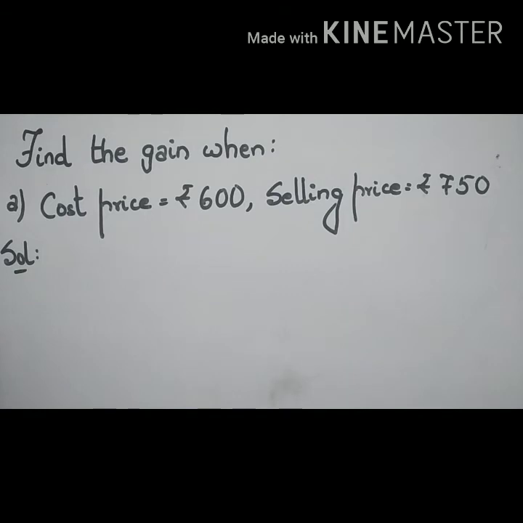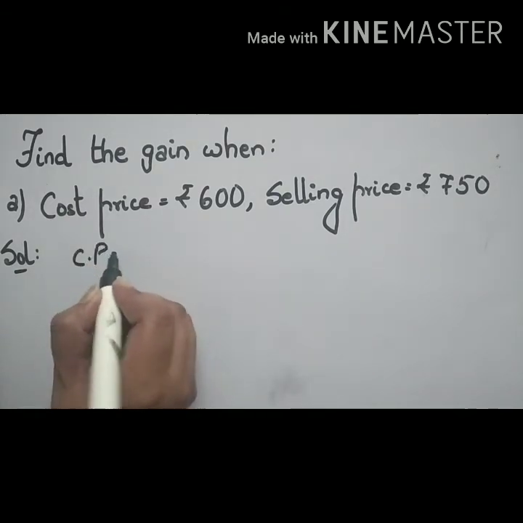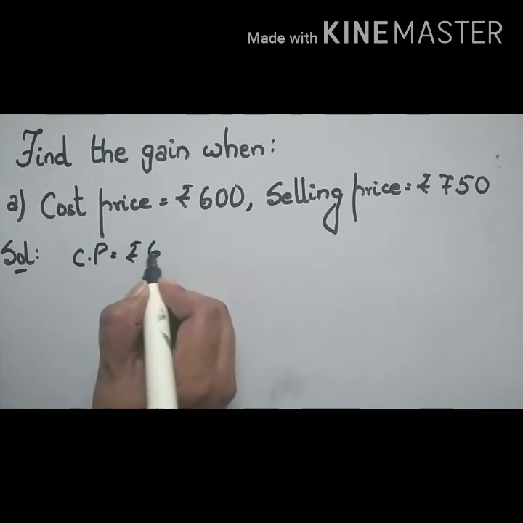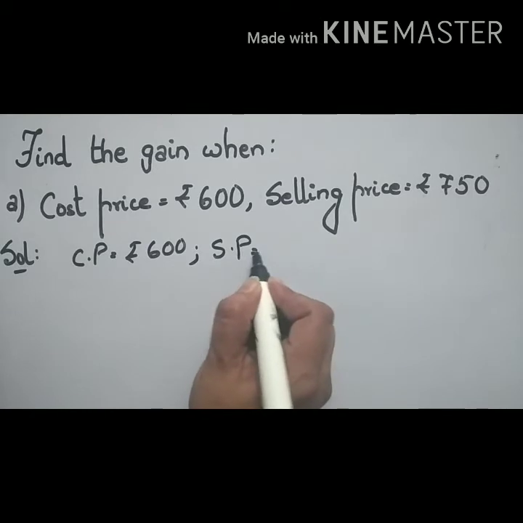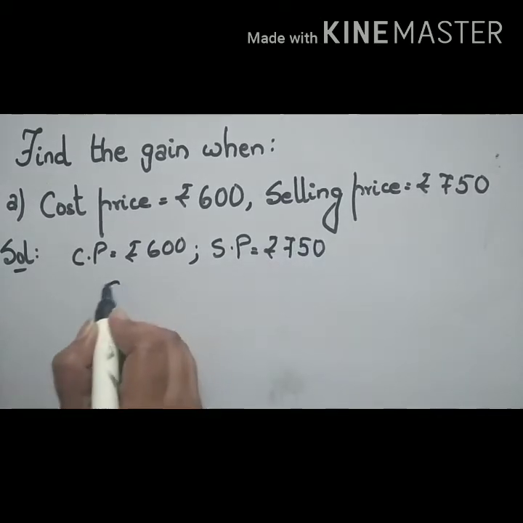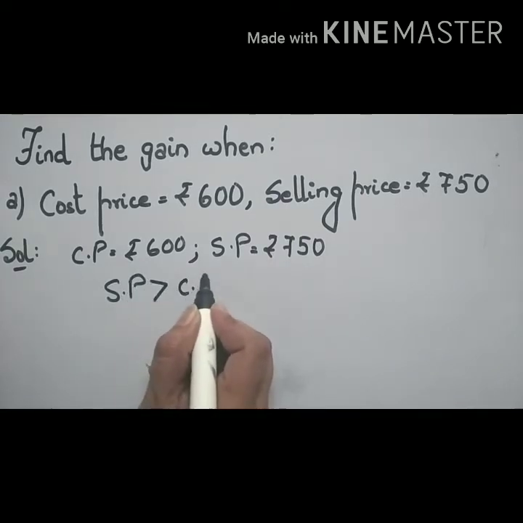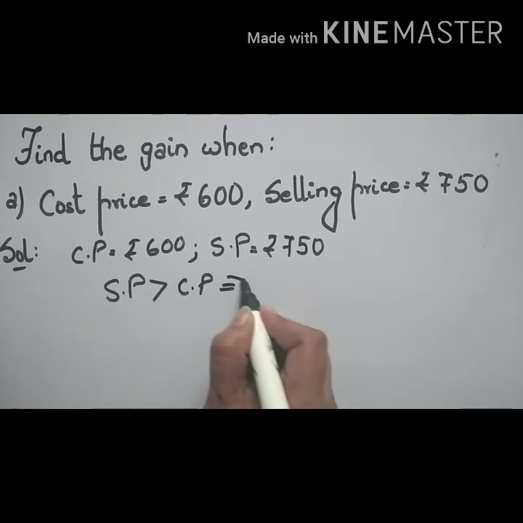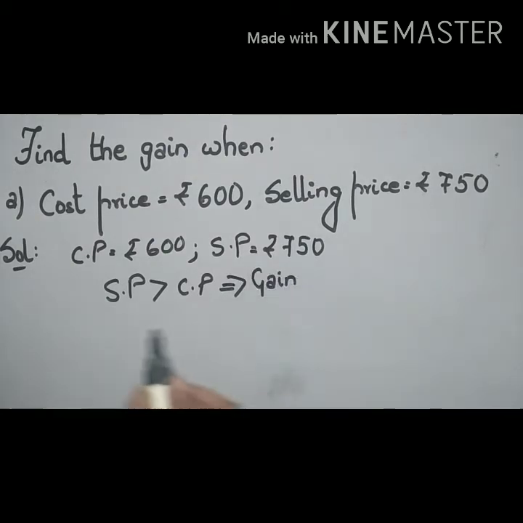So let's start with the solution part. Cost price is given to me equal to rupees 600 and selling price is given to me equal to rupees 750. Since selling price is greater than cost price, it implies gain. So he has incurred the gain.